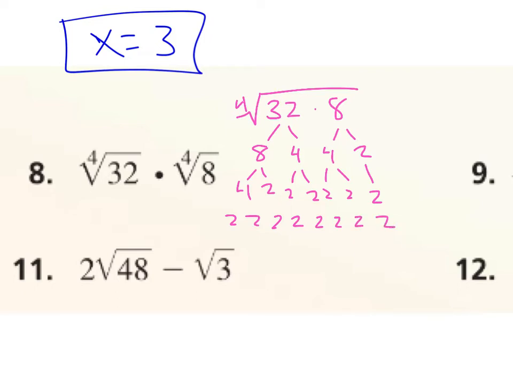A lot of 2's. So we're circling groups of how many? 4. So we have 4 2's and 4 2's. So what comes out? 2 times 2, which is 4. Do we have anything that's not in a pair that has to stay on the inside? Nope. So our answer is 4.